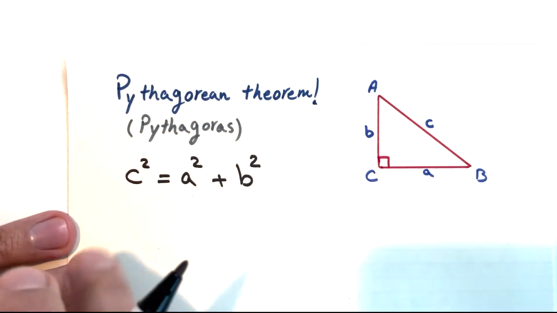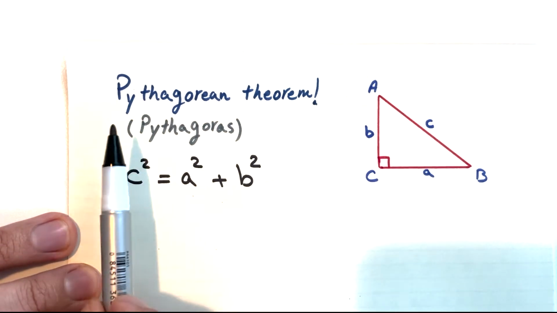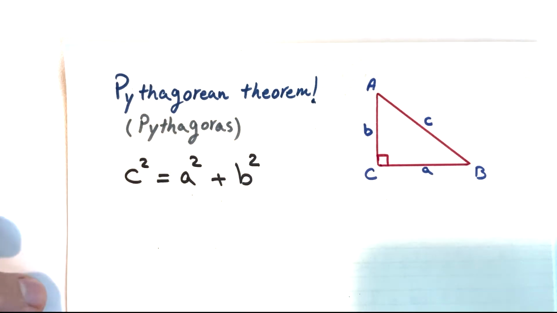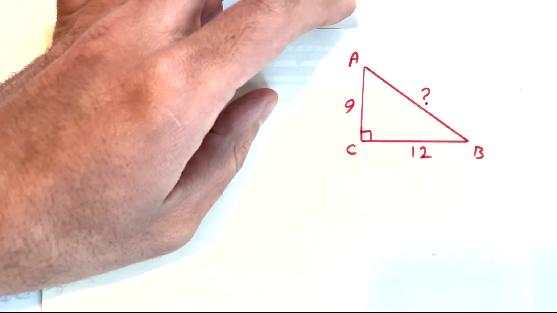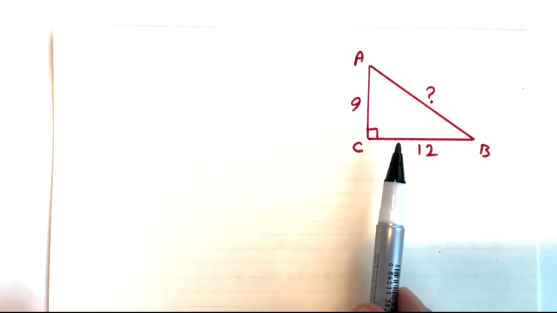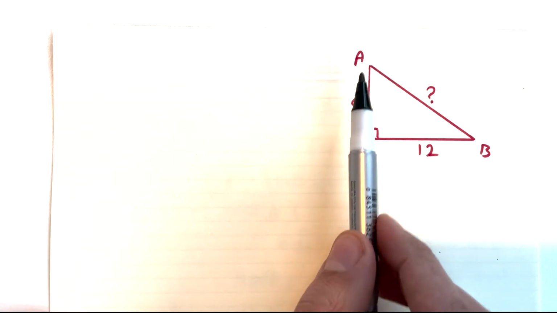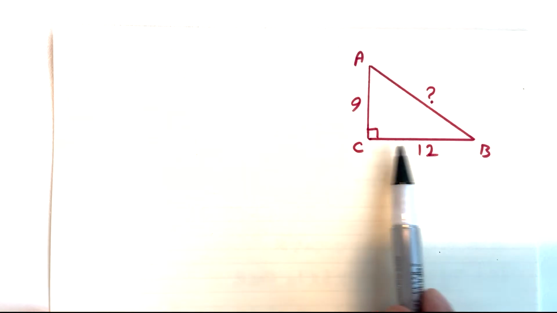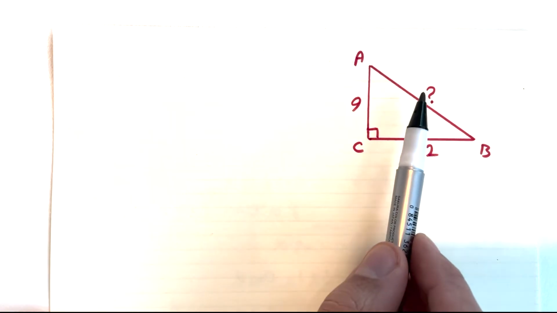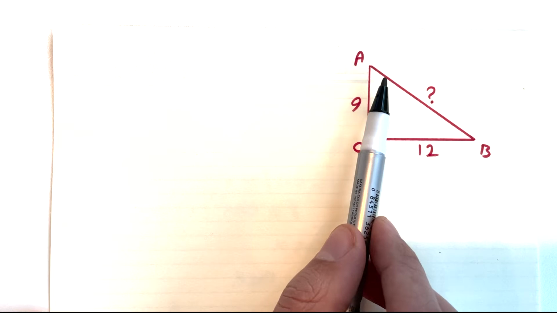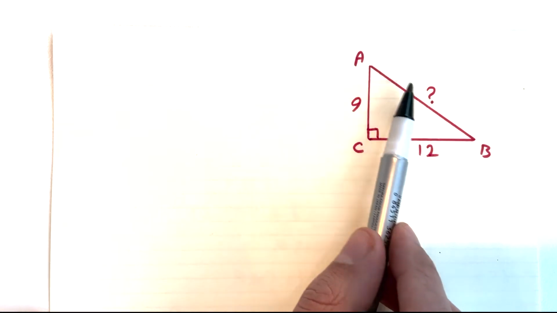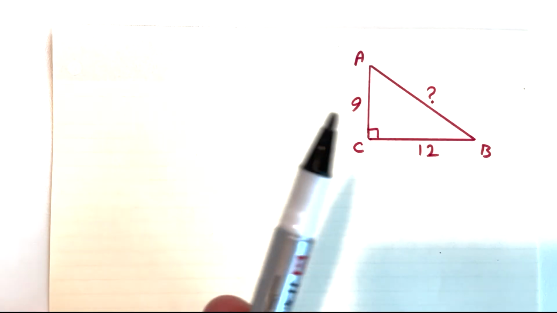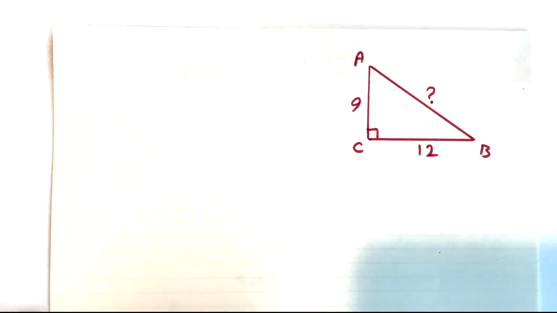So now that we know what is the Pythagorean theorem for the right triangle, let's take a look at some examples. In this problem, we have the triangle ACB. We have these sides 9, the length of these sides 12, and we want to find the length of the longest side here, which is the length of the hypotenuse, based on the Pythagorean theorem.